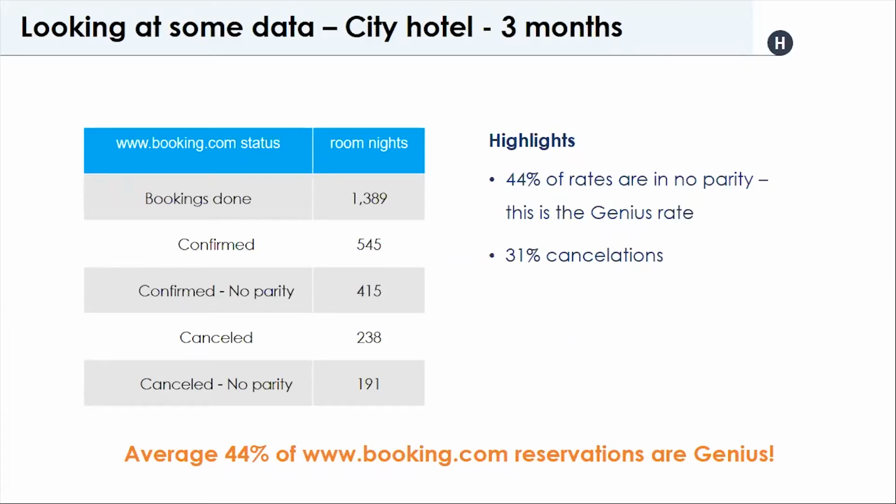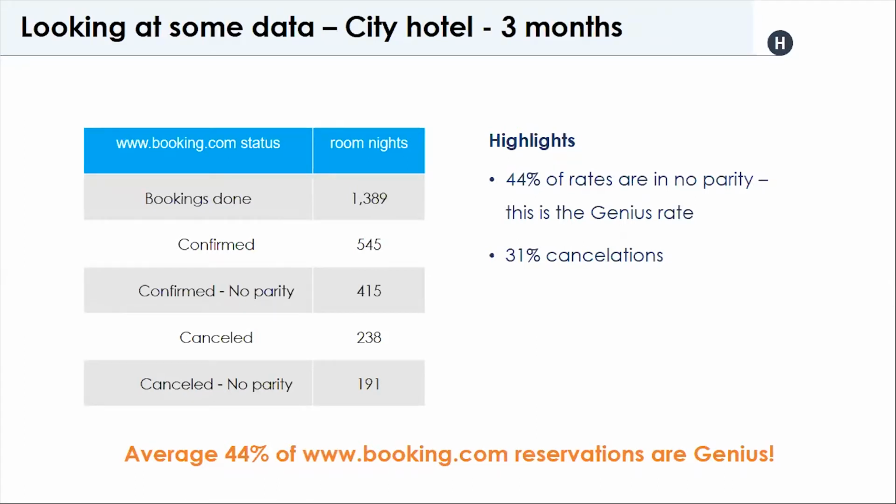But I think that topic by its own could be a webinar or an open discussion, so I'm not going to focus on that. I'm going to focus on the rate parity problem. From this analysis, I can see that 44% of the rooms sold on Booking.com were below parity, meaning that they were cheaper than the hotel website.